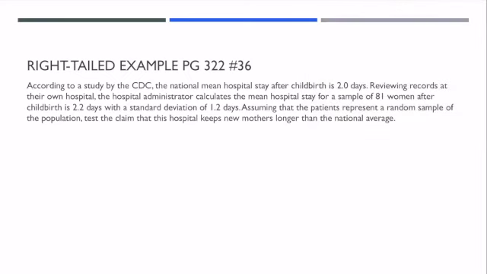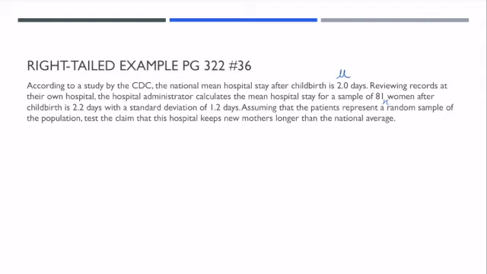Change in colors. Okay, so this is the example on page 322, number 36. According to a study by the CDC, the national mean hospital stay after childbirth is 2.0 days. So this is our national mean. This gives us our population mean. Reviewing records at their own hospital, a hospital administrator calculates the mean hospital stay for a sample of 81 women, right?